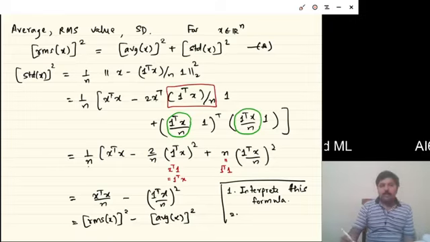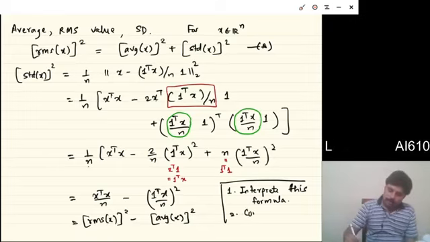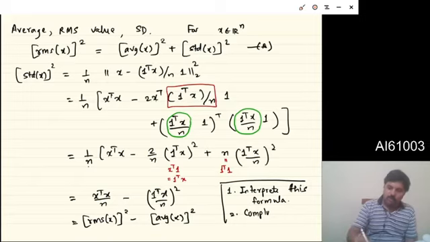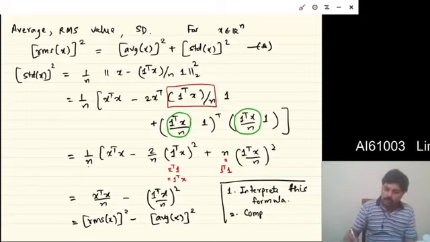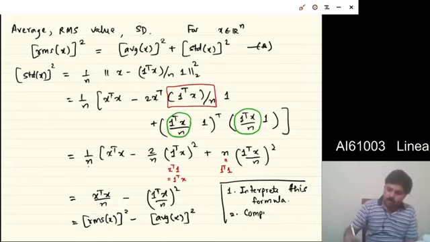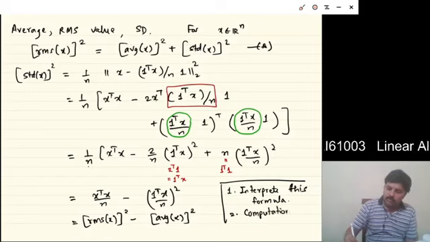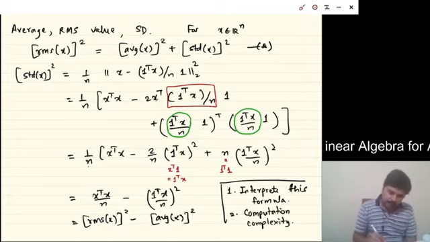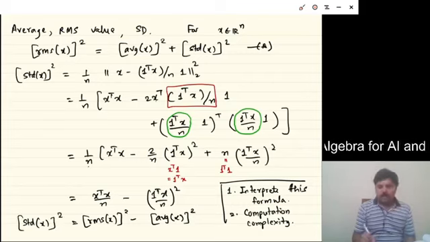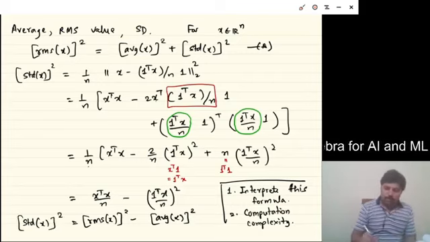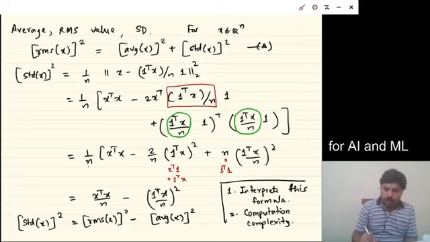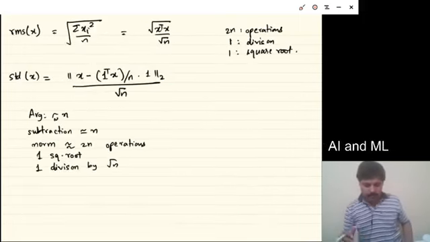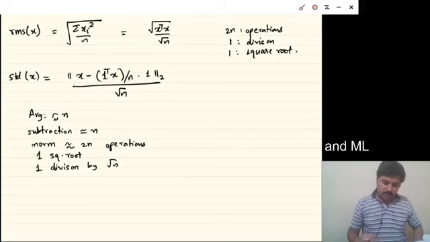And the second thing that I want you to work out is the computational complexity of this particular formula. What is the computational complexity for computing the standard deviation of x? It looks like the standard deviation of x, the way we defined it, and this is another way of computing it. So RMS of x square, what is the evaluation of RMS?